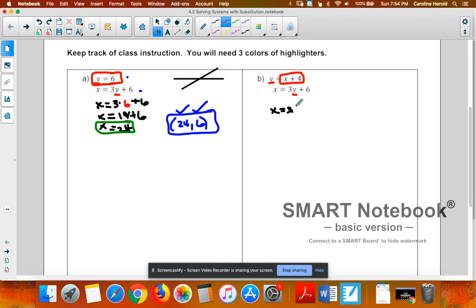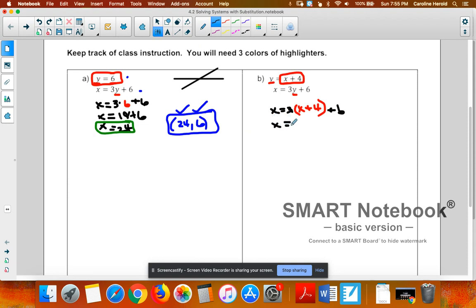So I have to put that in parentheses because all of that is what the value of y is. And then I go back and I finish off the equation with plus 6 because that's where that came from.